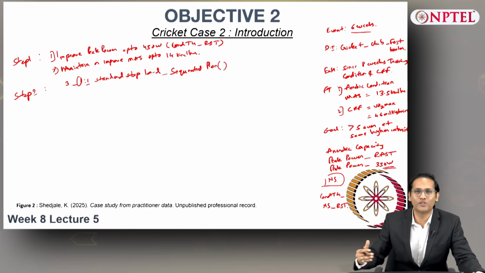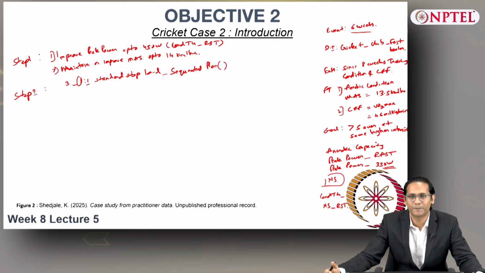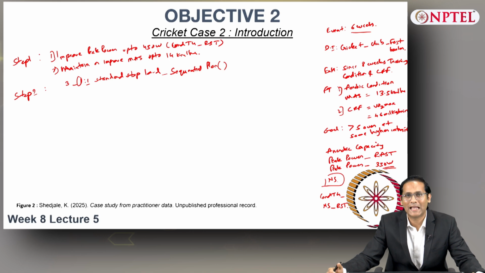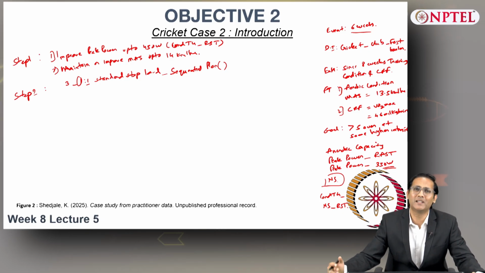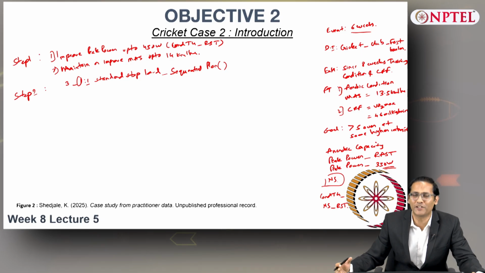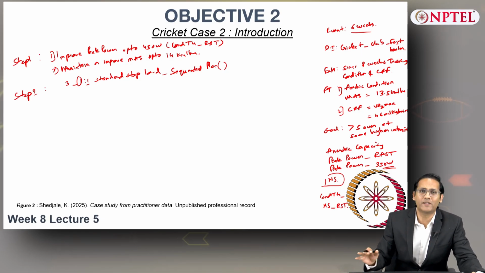Because as you reach closer toward the competition phase, having a high preparedness, a high fitness level, and at the same time managing the fatigue becomes the key objective of your periodized training.